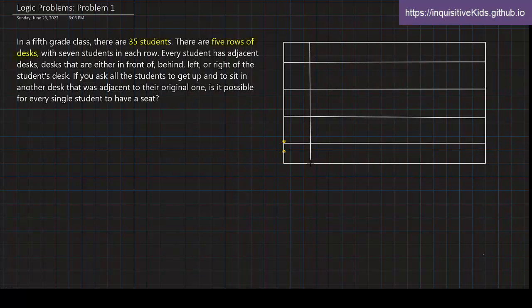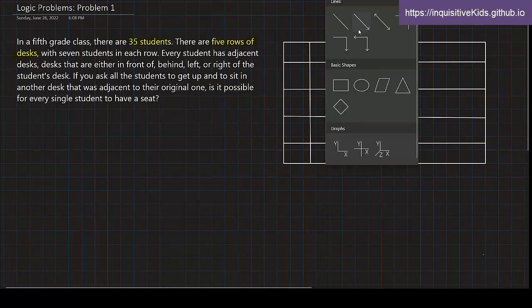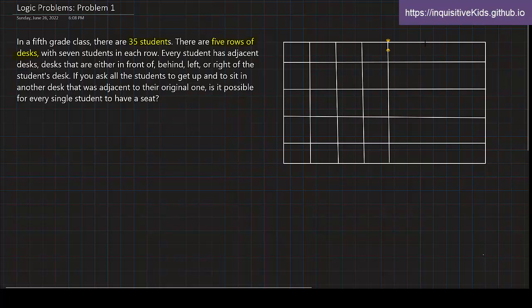So 1, 2, 3, 4, 5, 6. All right, so now we have a 5 by 7, 35 desks classroom.